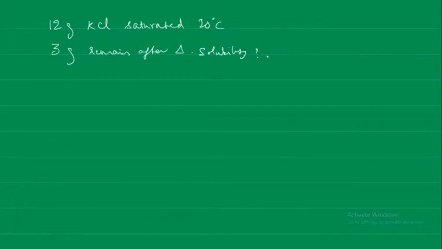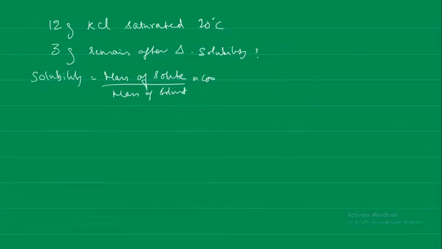So how will we do it? What is the weight of the water in solution? Because for solubility the equation is mass of solute by mass of solvent. Solubility is equal to mass of solute by mass of solvent into 100. Mass of solute is 3 grams.